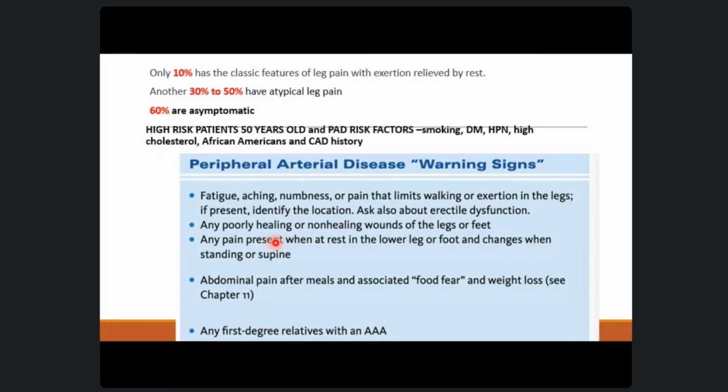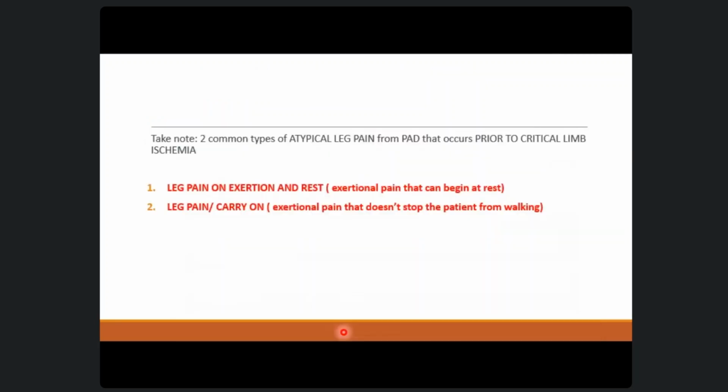Poorly healing or non-healing wounds, specifically on the legs or feet. Any pain present at rest in the lower legs or foot, or changes if there is any numbness when the patient stands up or is in a supine position, and if there is abdominal pain. So again, this pertains to your mesenteric ischemia, food fear, weight loss, and any first degree relative with triple A.